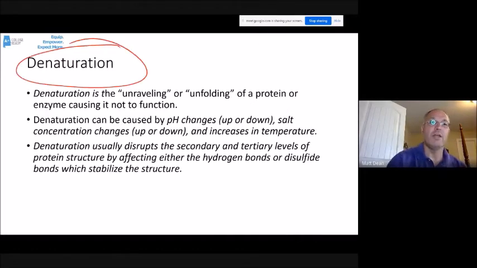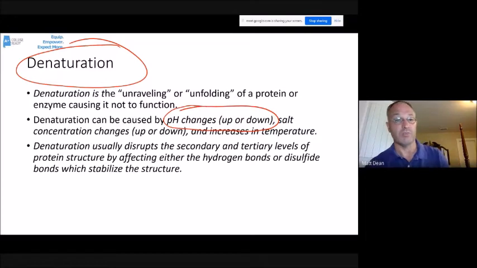Denaturation is the unraveling or unfolding of a protein. We oftentimes talk about this in terms of enzymes. When enzymes, which are proteins, denature, they don't work anymore. Denaturation can be caused by lots of things, but typically in living things, it's caused by changes in pH. And this can be either pH changes in the upward direction, the more basic direction, or pH changes in the acidic direction, the downward direction.